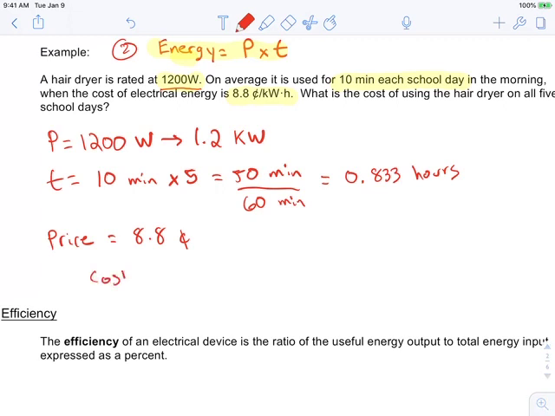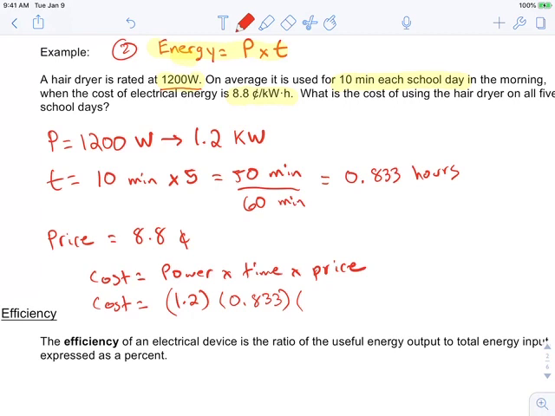So cost equals power times time times price. And now we can just start substituting everything in. So our cost is going to equal our power, which is 1.2, our time, which we calculated to be 0.833, times our price, which is 8.8.